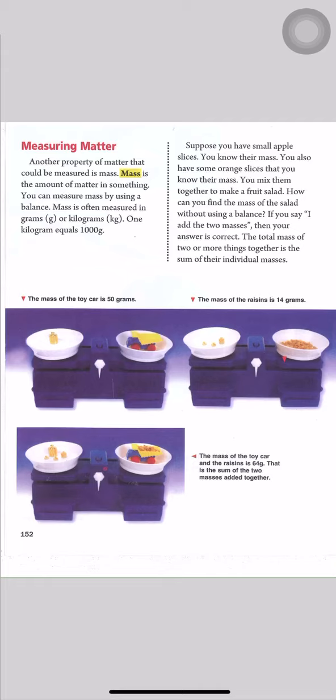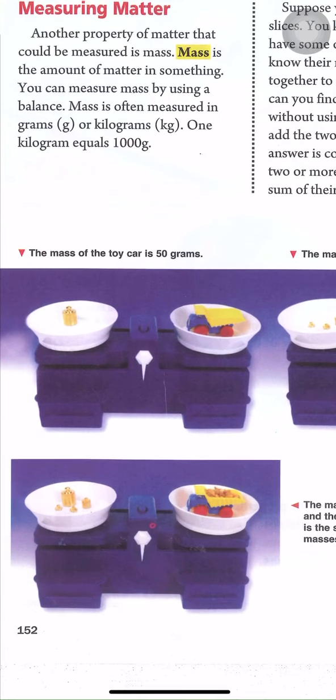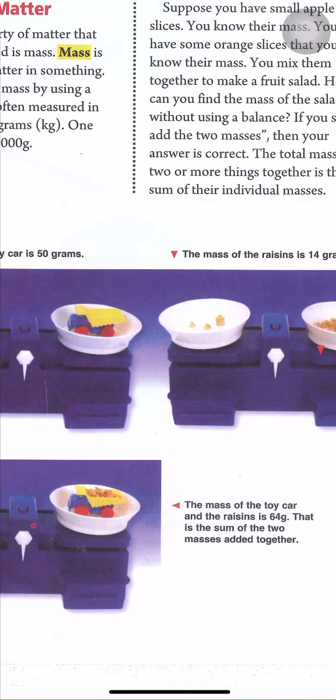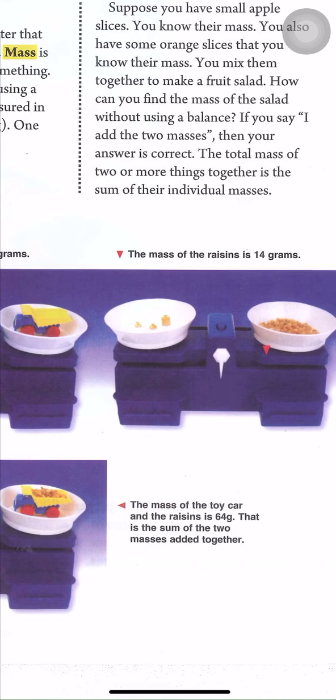And also, how can we measure mass, or matter? By gram or kilogram. In this picture, you can see the toy car weighs 50 grams, while the mass of the raisins is 14 grams.